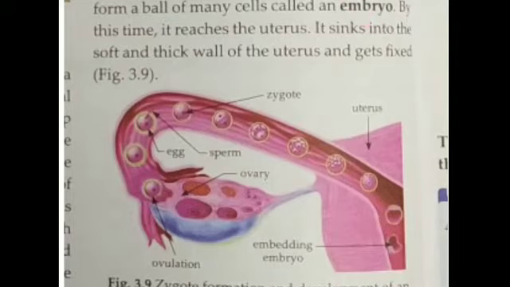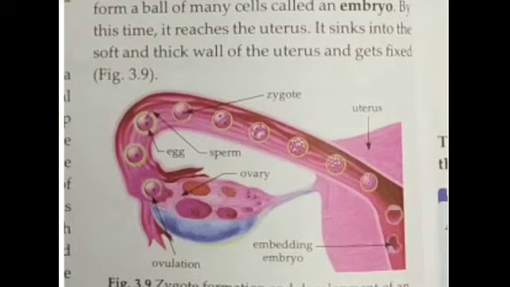Is it clear? And it gets fixed over there. This fixing of the embryo in the wall of the uterus for further development is called implantation. The embryo moves on from the fallopian tube into the uterus, gets fixed there, and this is called implantation, and this state is called pregnancy.